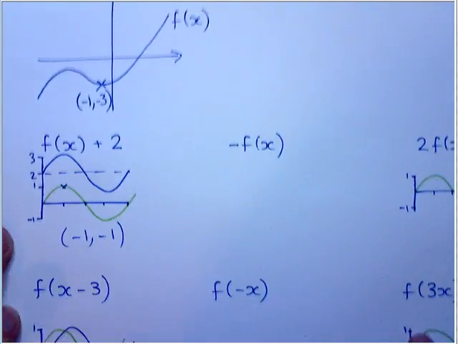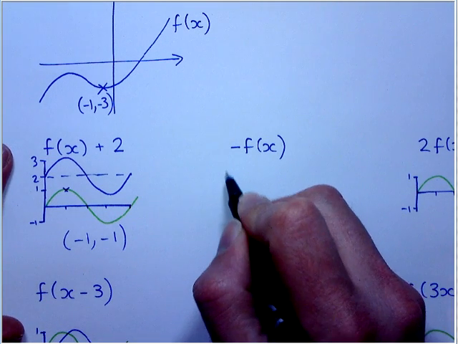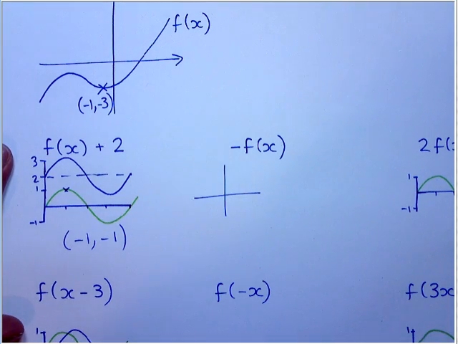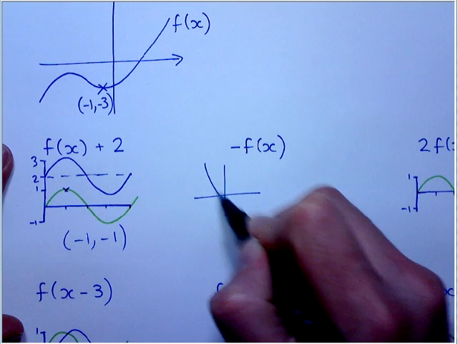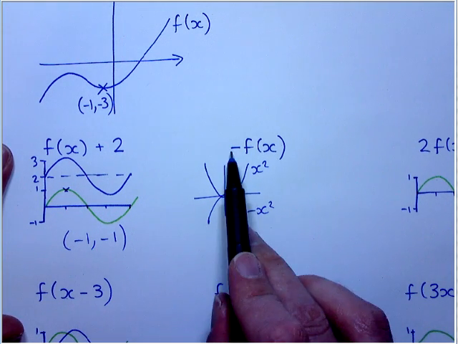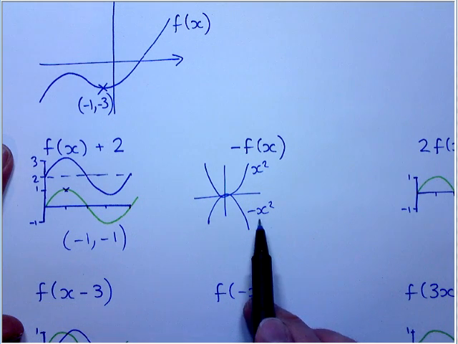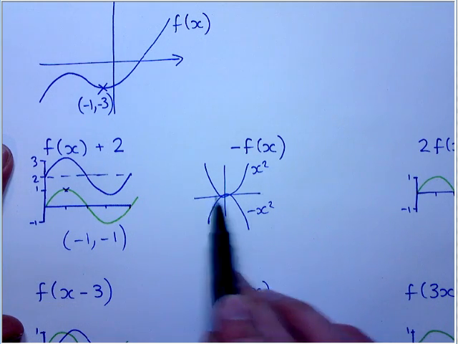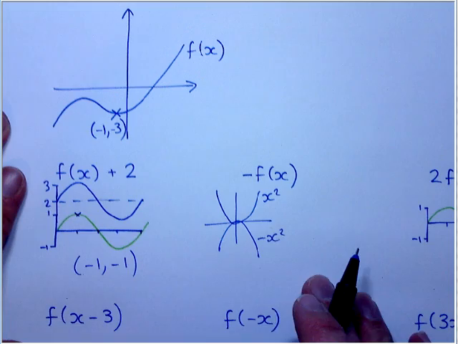Now, I don't use my trig graphs for this one. I use my knowledge of x squared graphs, like parabolas. So that's x squared. But if I put a minus in the front, it reflects it like that. So it means if I'm putting a minus in the front, I am reflecting it in this line here, the x-axis. So let's go back up.